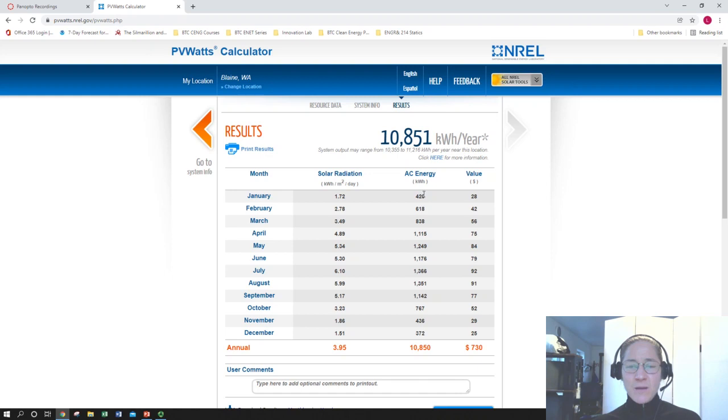But here's the problem. If we're looking at these key months, especially December, where they're really afraid that they're going to lose their grid power, they're only going to get 372 kilowatt hours for the entire month coming out of their inverter. Now, that's not going to be a lot to charge their batteries with. So at this point, they're going to say, well, what's the one knob I have left to turn?